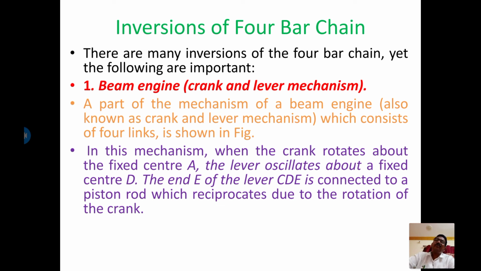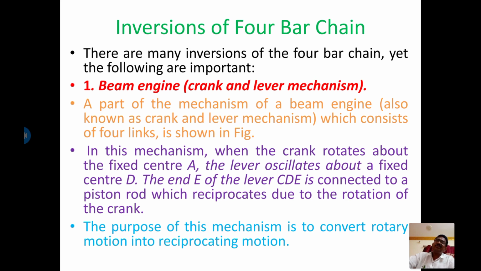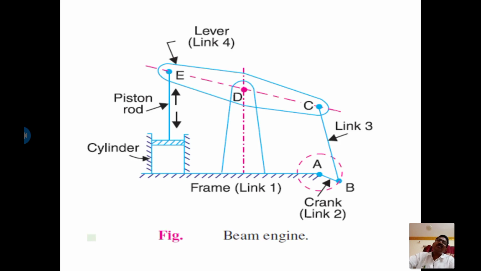In this, when the crank rotates about the fixed center A, the lever oscillates about a fixed center D. The end of the lever CD is connected to a piston rod, which reciprocates due to rotation of the crank. The purpose of this mechanism is to convert rotary motion into reciprocating motion, or reciprocating motion into rotary motion.